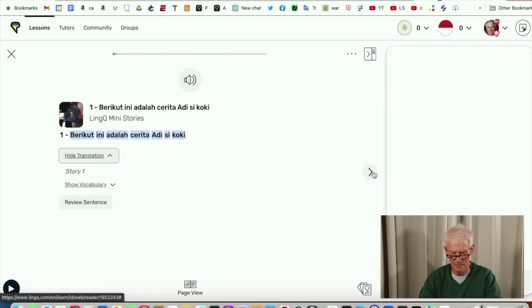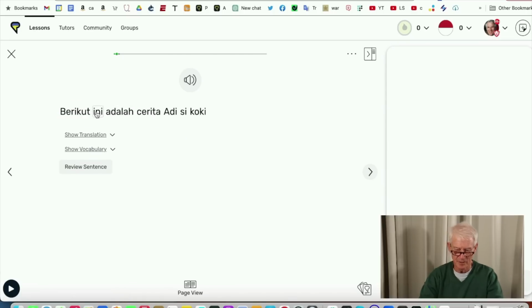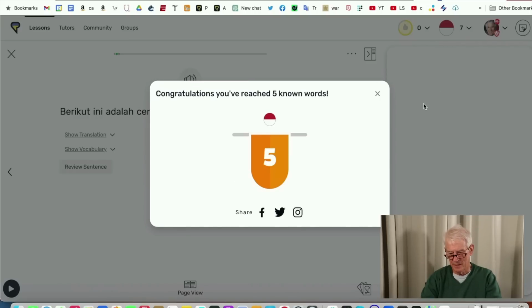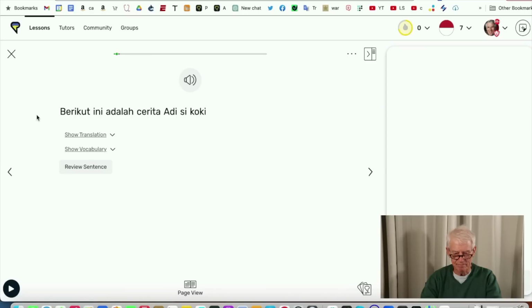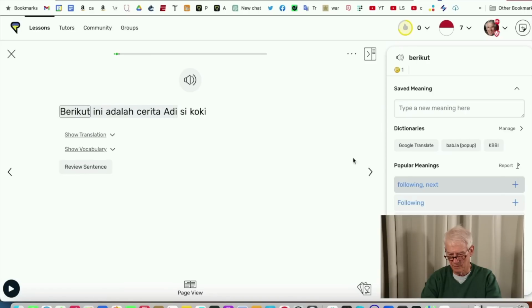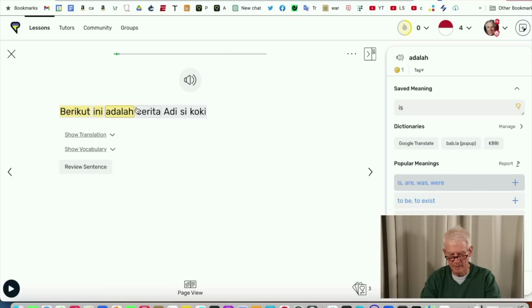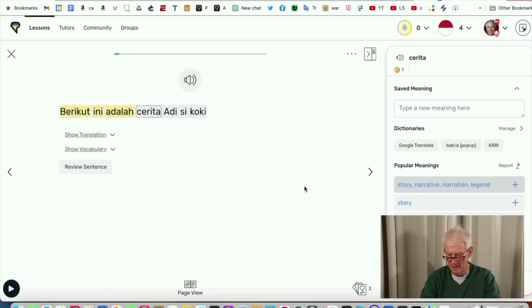This is just the intro. Let's skip that. Here, because I moved to the next page, the sentence repeats. In fact, it's as if they were blue. So, Berikut. Very good. Following. Ini. This. Adalah. Is. Cerita.